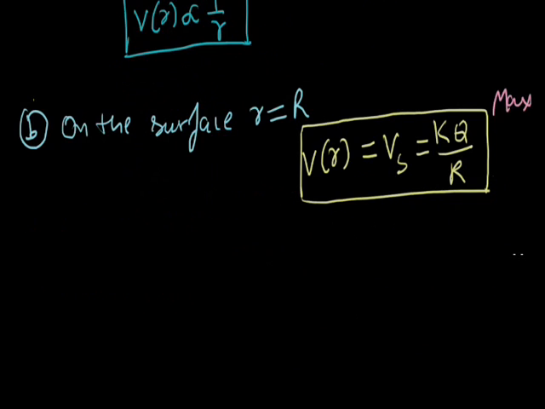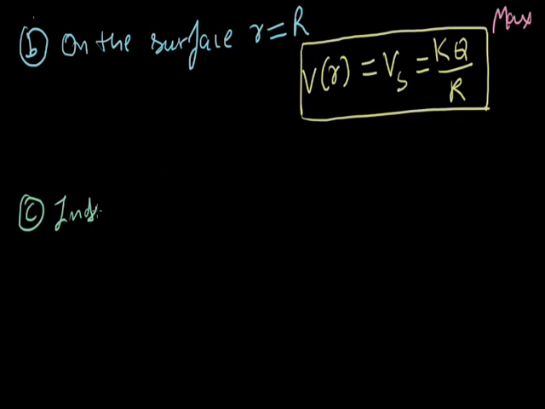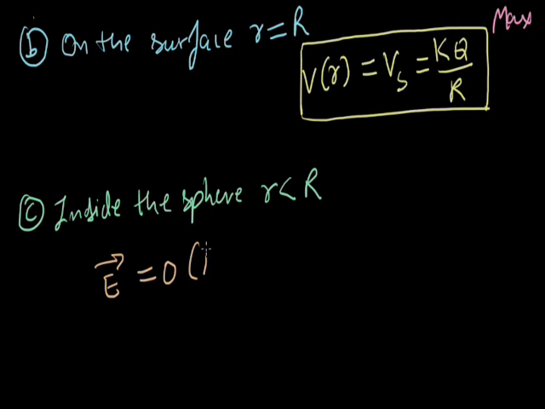Next we have inside the sphere, where r is less than capital R. Inside the sphere, we all know the enclosed charge is 0, so the electric field is 0 inside the sphere.